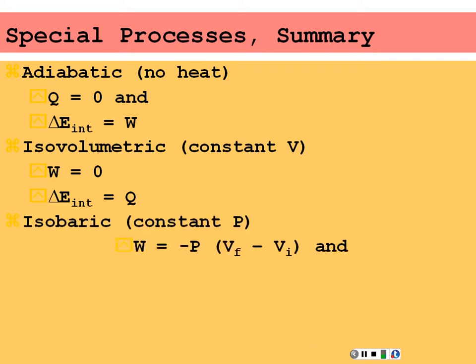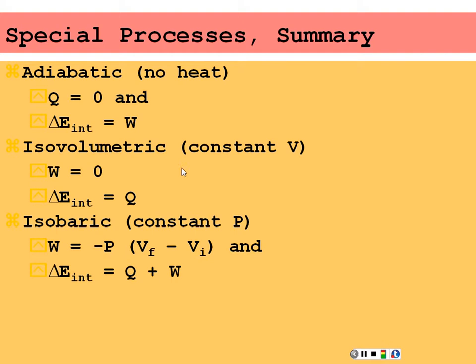Isobaric is done at constant pressure. In this particular case, the work is equal to negative pressure times the change in volume, final volume minus initial volume. And for that matter, we would apply the first law, because we will possibly have a change in internal energy, and that will equal the heat added plus the work done on the gas.